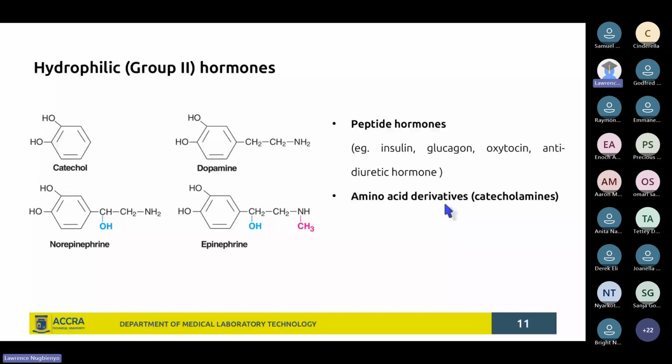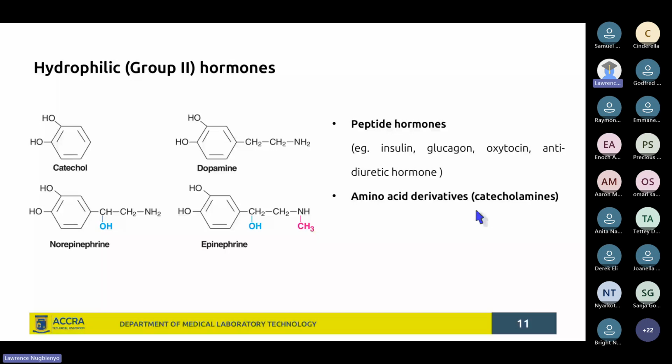Here, you must pay attention to realize that there's a difference between peptide hormones and amino acid derivatives. And that is to say, if you say peptide hormones, what it means is that that hormone contains at least 2 amino acids. To have a peptide, you must have at least 2 amino acids that bind to give you a dipeptide.